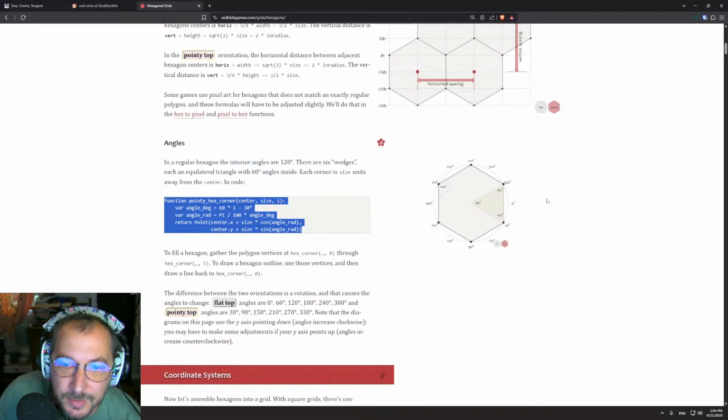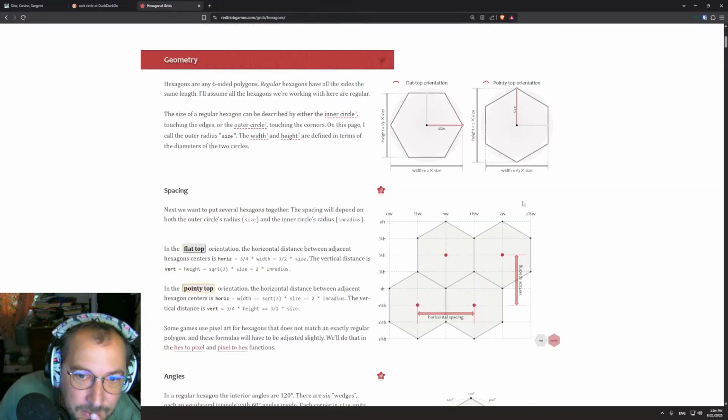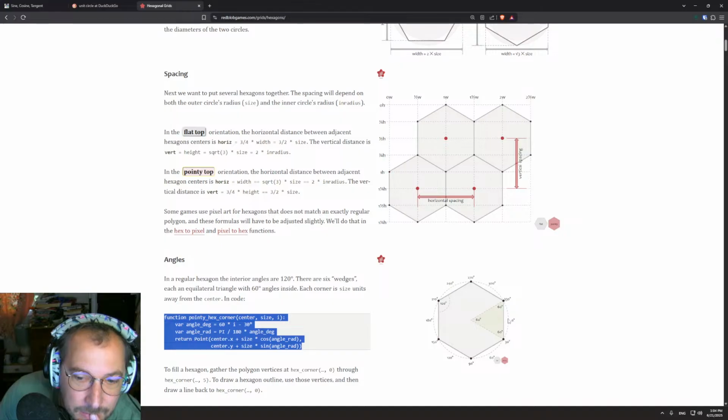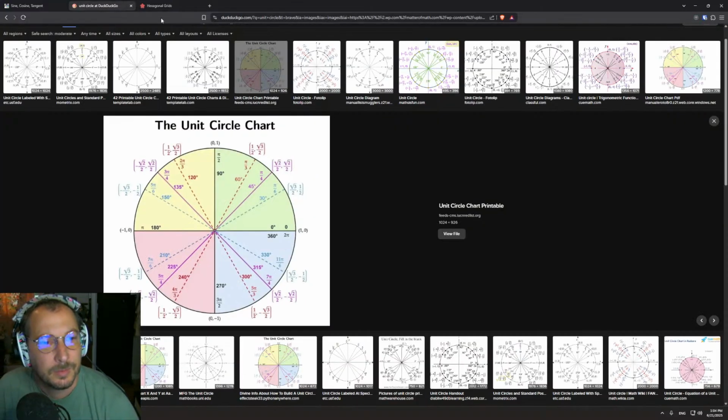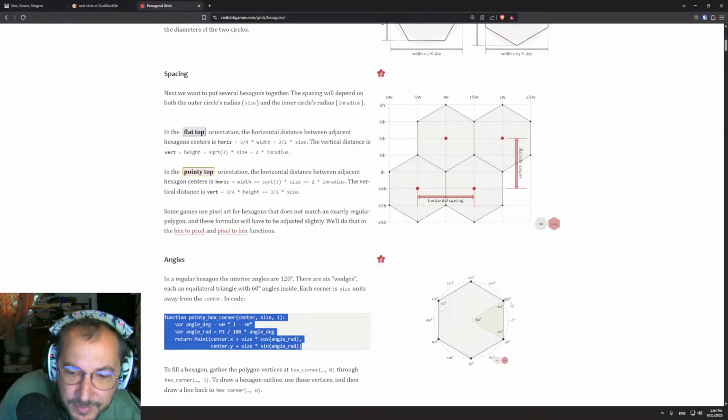They're starting with 0 degrees on the right for the angles. Is that how it works with the circle? 0 degrees is on the right. So that's why we have the 30 offset. I see. Okay. So we subtract 30 to get... okay.